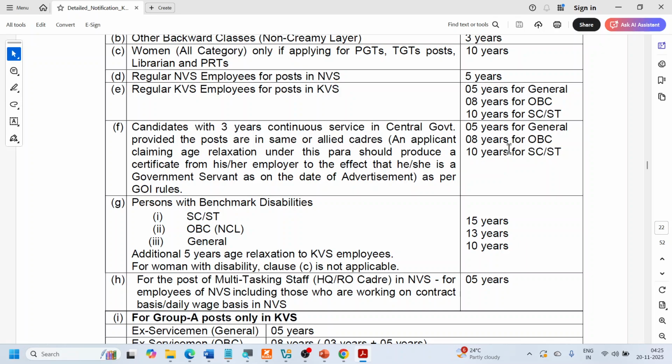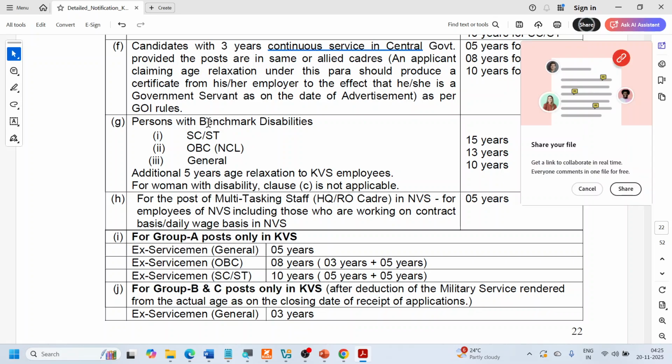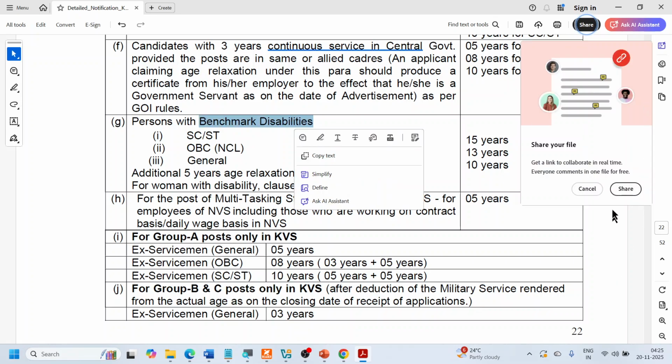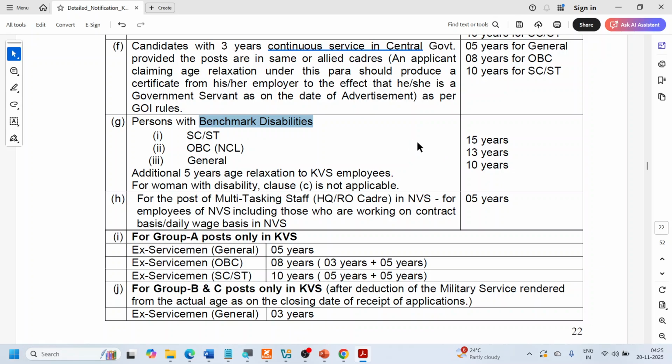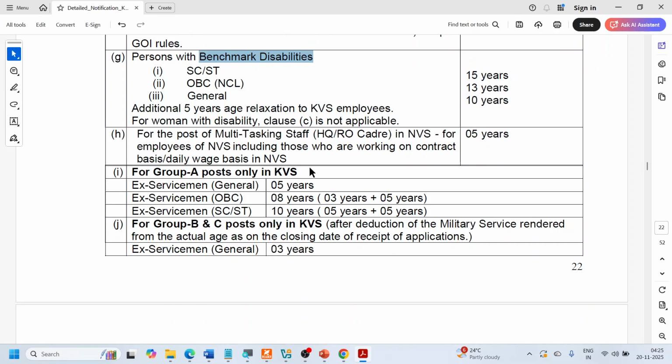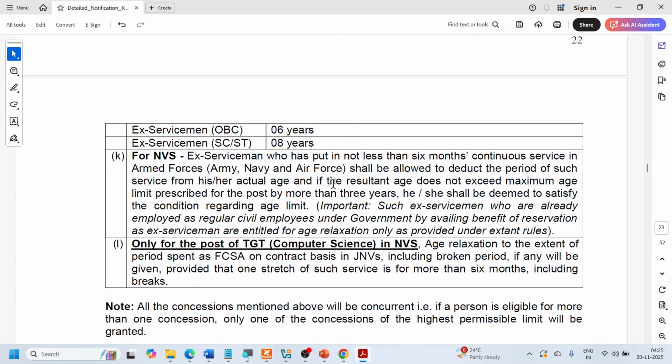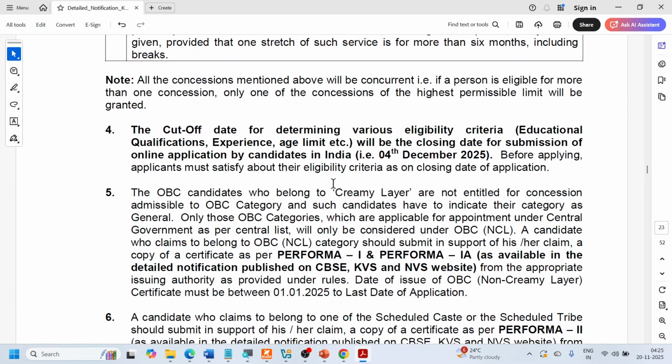Okay. Those directly working under central government, some relaxation is there. Again, for persons with physical benchmark disabilities, 15 years, 13 years, and 10 years relaxation is there. For others also you have the relaxation. Again, I won't read all of them, because it's going to be a lengthier video if I start doing that.